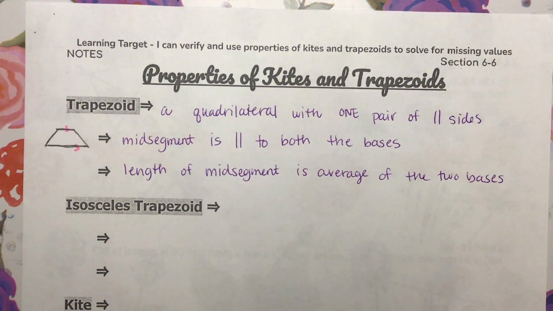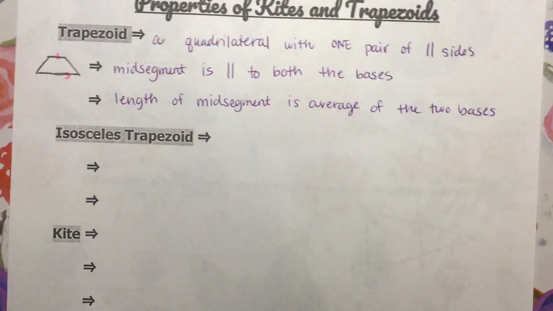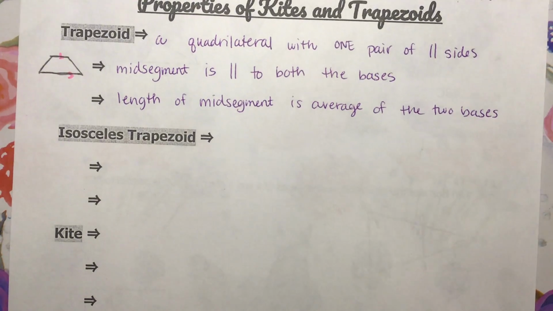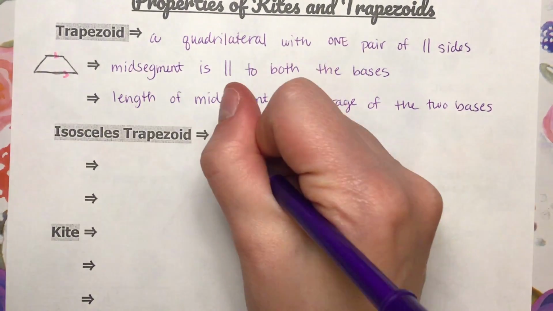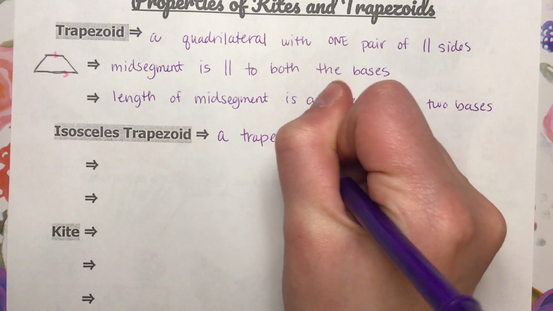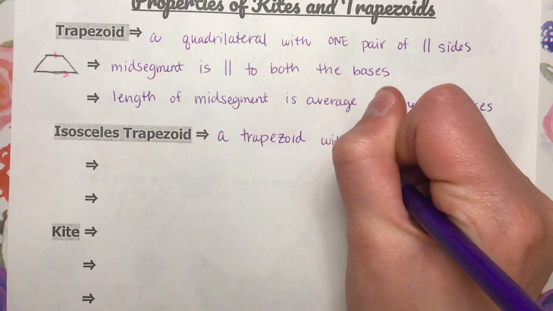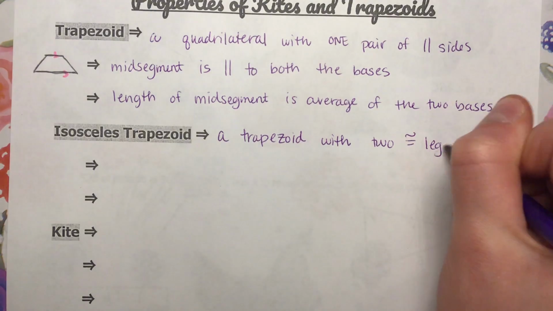Now we have a special type of trapezoid called an isosceles trapezoid. An isosceles trapezoid is going to have a pair of legs that are congruent. So a trapezoid with two congruent legs.